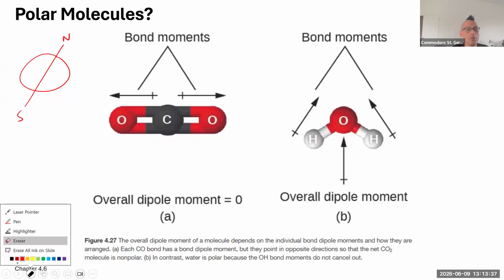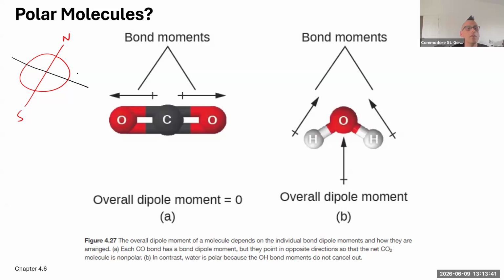So if we split the Earth down the middle, north side and south side, that's the same difference as a polar molecule. We want to see that there's more electron density on one side of the molecule versus the other.